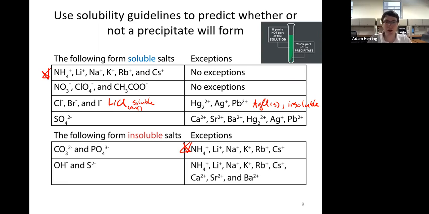And the exceptions there are the ammonium ion, group 1A, and then calcium, strontium, and barium. So these are the solubility guidelines, and we can use these to predict whether or not something will be a precipitate. And again, these guidelines are found for you on your data sheet.